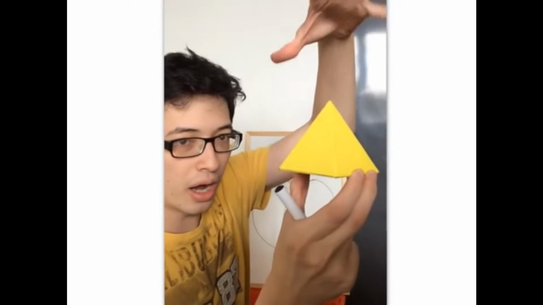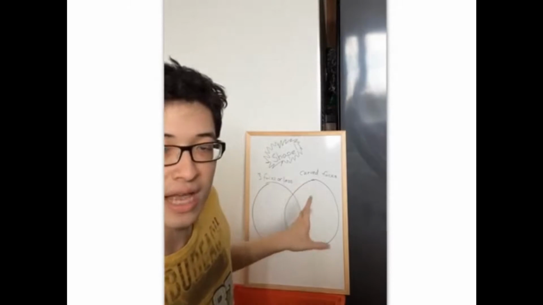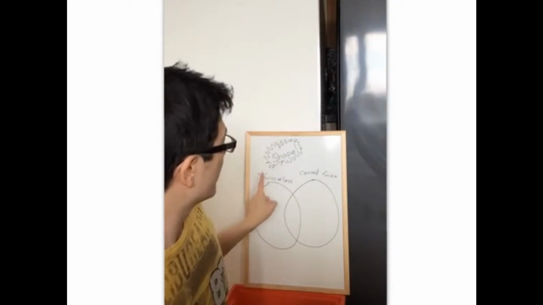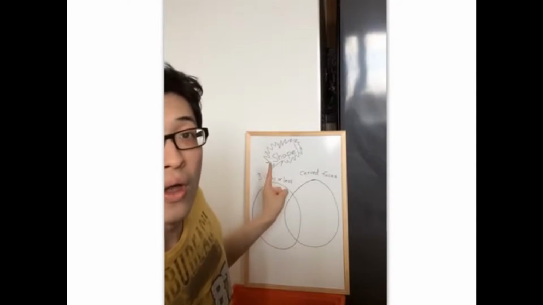Ta-da! Any idea what this shape is called? Well, a super easy way to tell what shape this is called is to look at the base of the shape: it's a square face. So we call this shape a square-based pyramid. Looking at our Venn diagram, we need to decide where this shape is going to go. Well, first of all, does it have 3 faces or less?